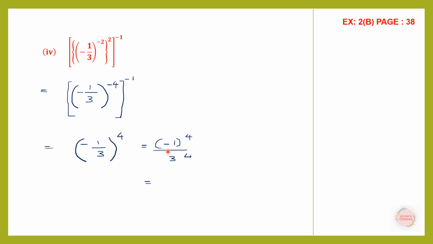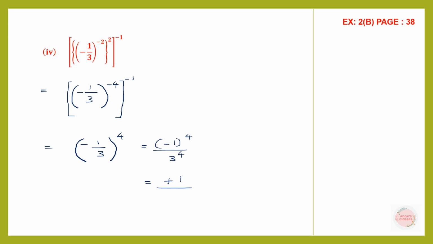When you have a negative number that is raised to an even power, your answer will be positive. That means instead of minus, your answer is going to become plus, and then you multiply the number 1 four times. 1 into 1 into 1 into 1 will still be 1.